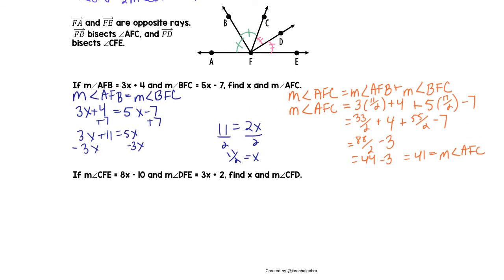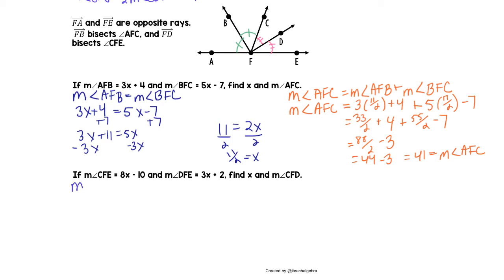Last but not least, measure of angle CFE. CFE is 8x minus 10, and DFE is 3x plus 2. We want to know the measure of angle CFD. So let's write down what we know.